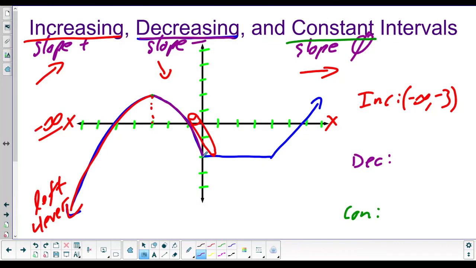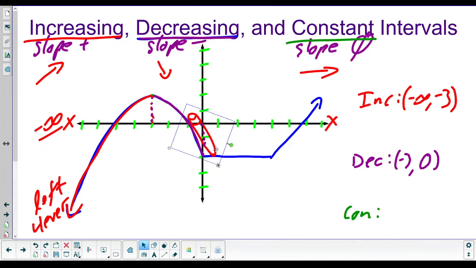So we'll pretty much just ignore the tip there. So where is it decreasing? Well, it started right there at the top. This is still lined up with negative 3. And then it goes to right here. This is lined up with 0 on the x-axis. So from negative 3 to 0, our graph has a negative slope.